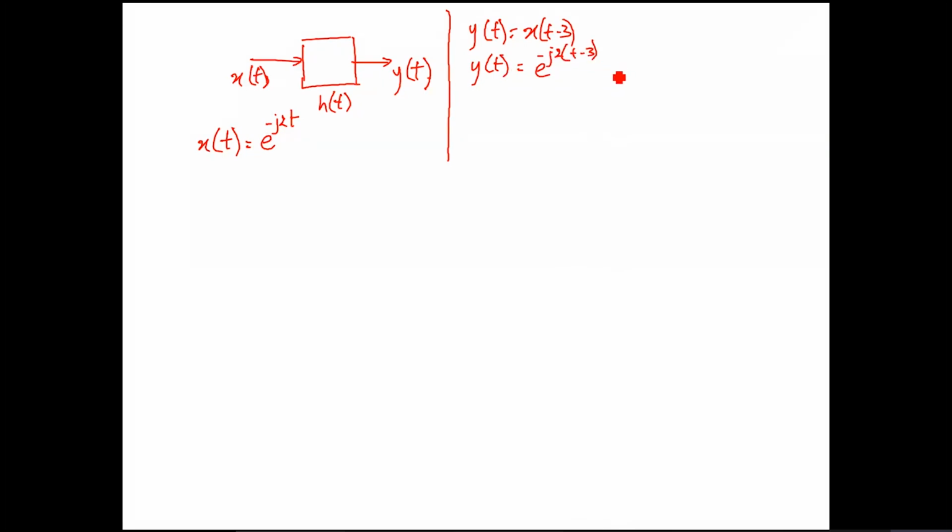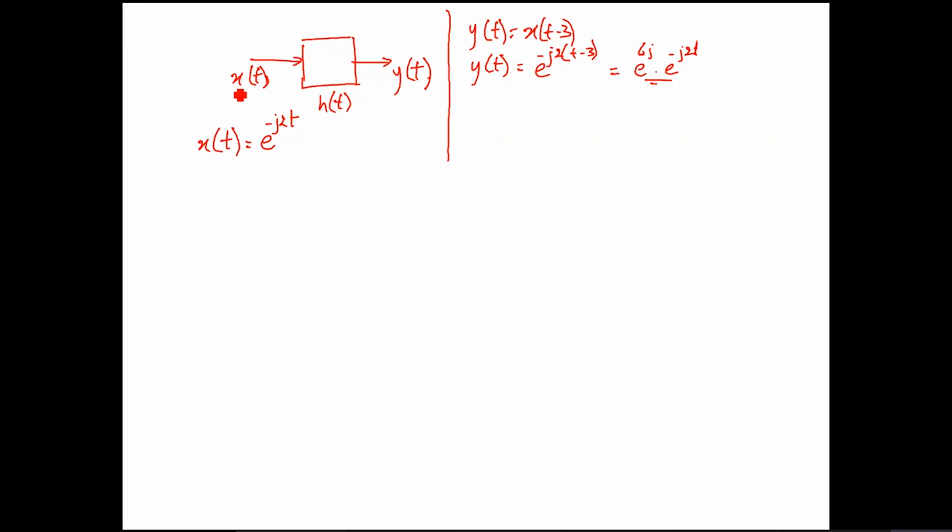We can write it in two parts: e raised to the power of minus j2t and e raised to the power of minus 6j, or j6 into e raised to the power of minus j2t, whichever way we want to write it. So this was a very simple system, and we could have found the answer directly.